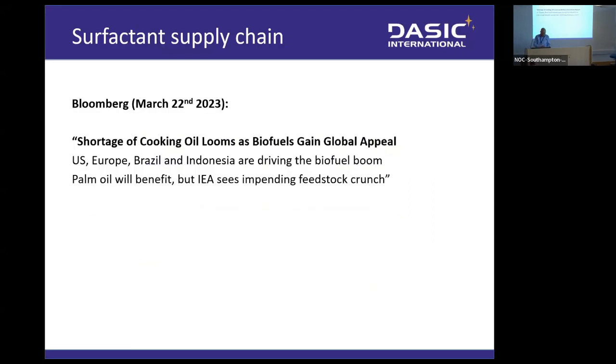And Bloomberg in March reported that shortage of cooking oil looms because biofuels are now starting to gain global appeal. That's going to have a direct impact on the hydrophobic end of those surfactant molecules. So life is not getting any easier. There's pressure on the supply chain from all sorts of possibly unexpected sources.